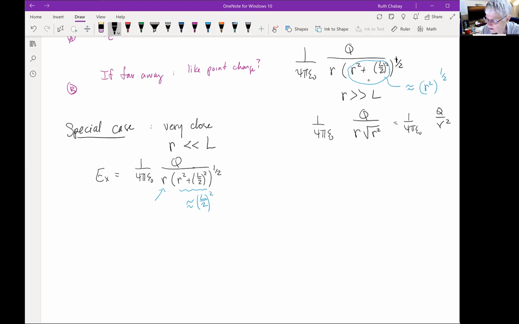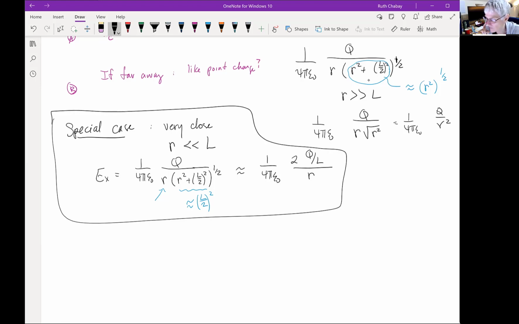And so that gives us this approximation: 1 over 4 pi epsilon 0, we end up with a 2, and I'm going to write it this way, Q over L over R. So if we're very close to the rod, it looks like we have this 1 over R distance dependence.